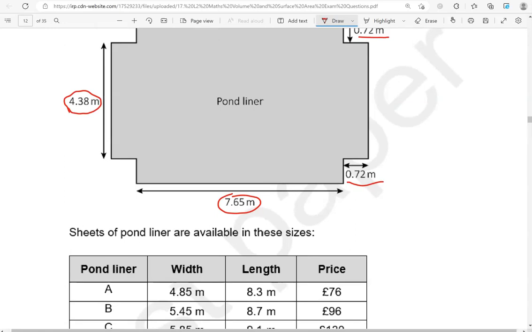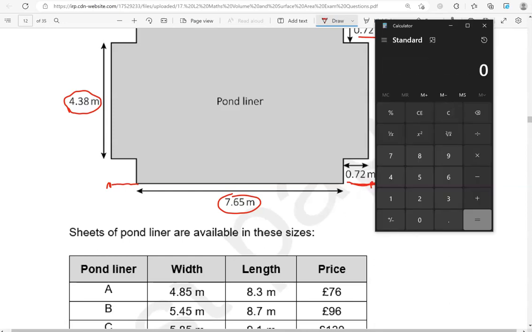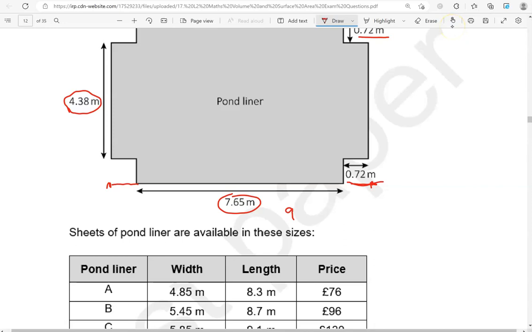Okay, so the actual length will be including the depth here. So we're going to need to add 0.72 on both sides to work out the length. So 7.65 plus 0.72 plus 0.72, which gives us 9.09 meters.